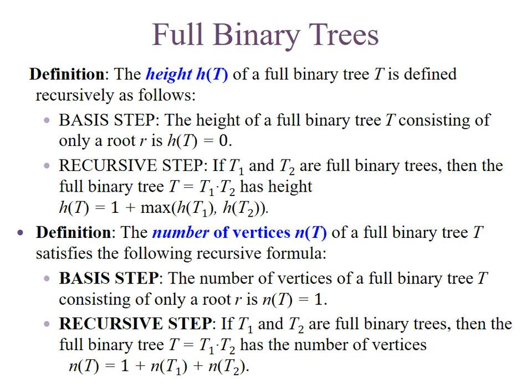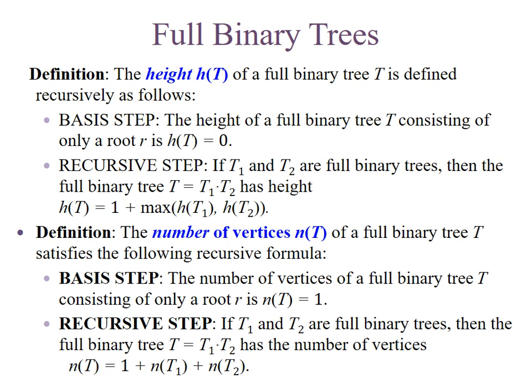And then for the recursive step, if T1 and T2 are binary trees, then we use T1 and T2 as left and right subtrees for the binary tree. Then the height of T is defined by 1 plus the max of the height of T1 and the height of T2. Okay, so maybe we can see this example.